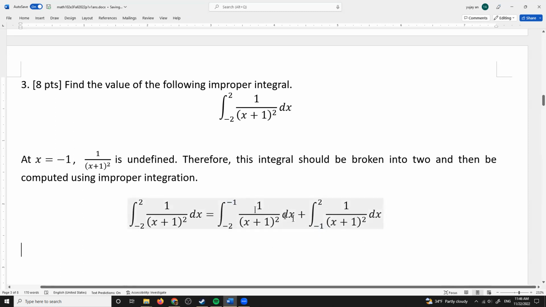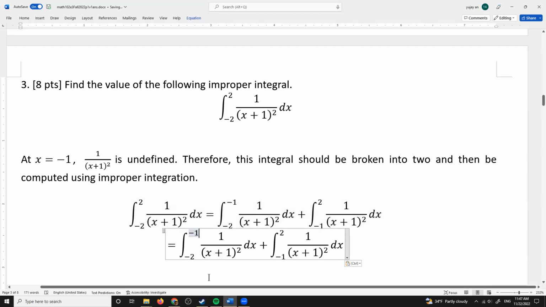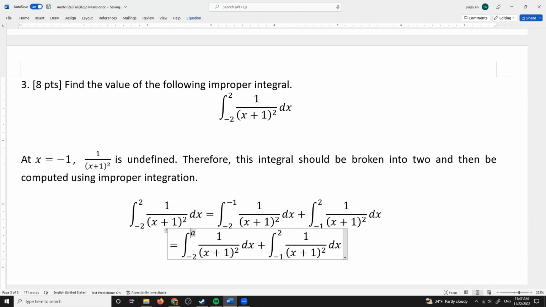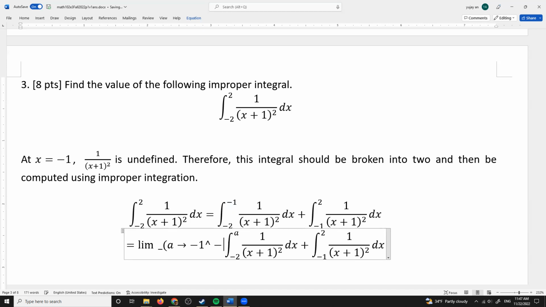So break up like this, and because this -1 is a problematic integral, you have to rewrite them as limits. So you should really put an a there with the limit of a going to -1 from the left side.